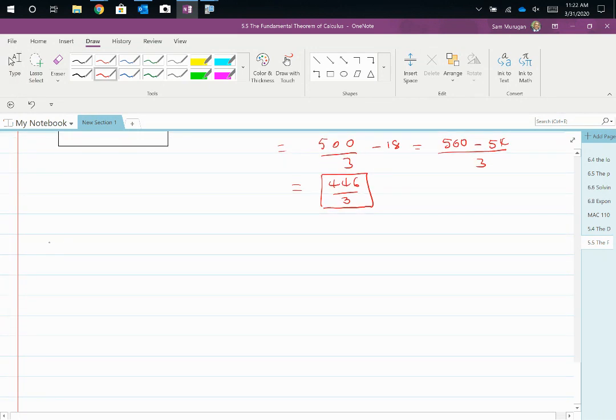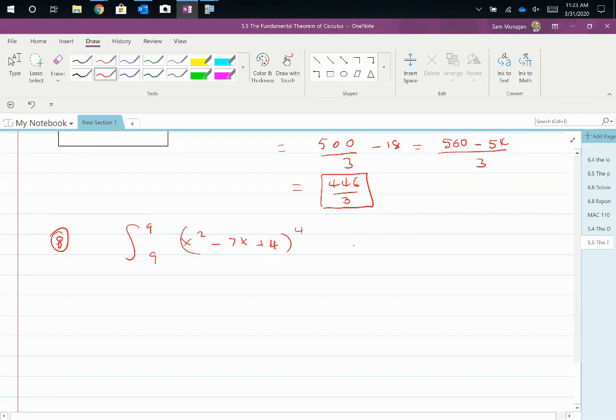Question 8. Between 9 and 9, x squared minus 7x plus 4 to the 14 power.